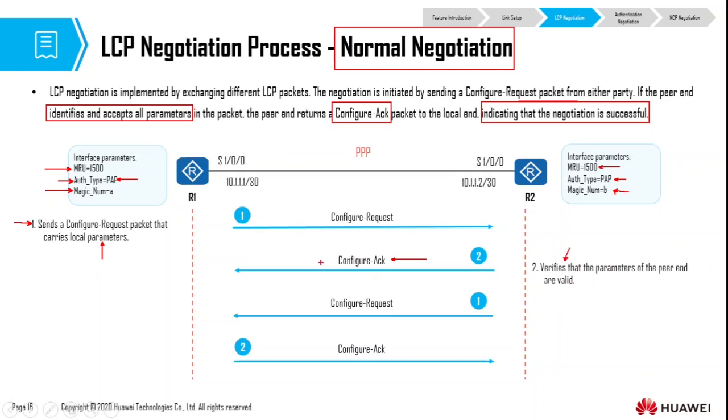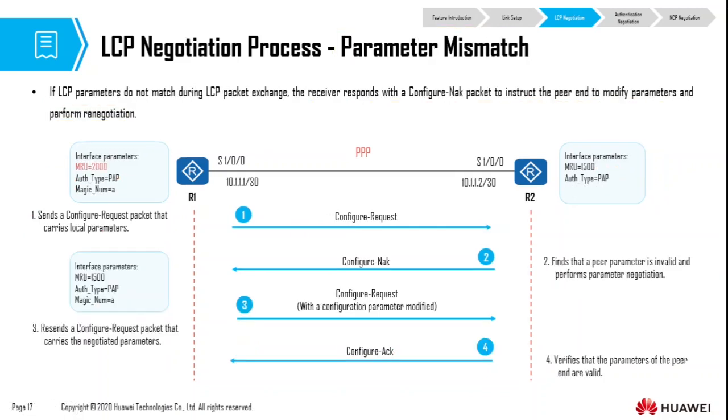So all of them are valid. After doing that, R2 is also going to send a configure request to R1 so that R1 can also see its parameters. And if R1 responds with a configure acknowledgement, then the PPP link is now up, and they are able to exchange data.